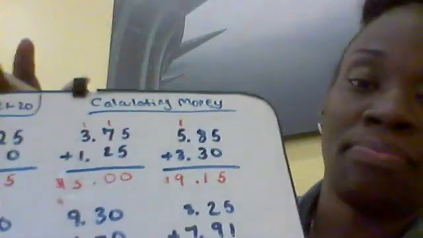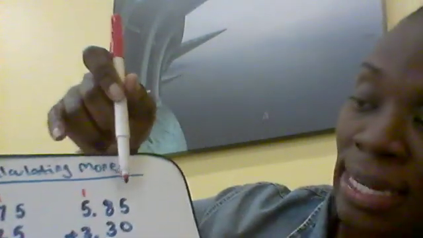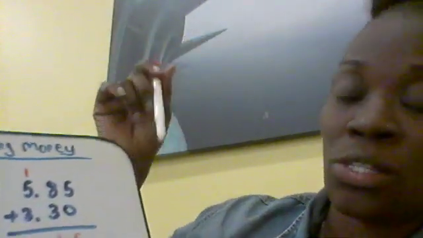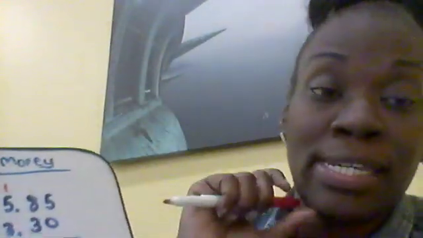What is that going to give me? 9. Very good. So $5.85 plus $3.30 will give me $9.15.